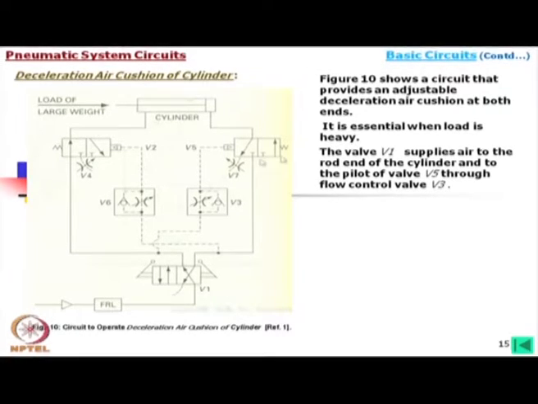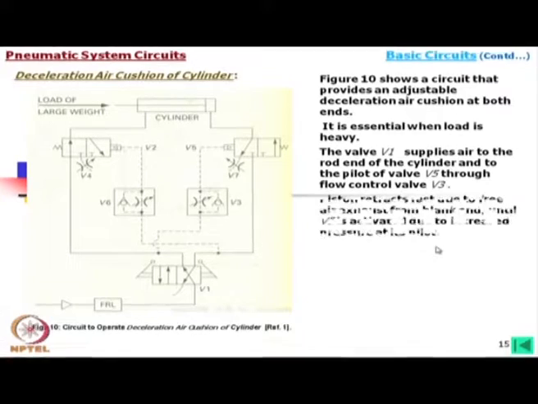So, the valve V1 supplies air to the rod end side, as well as to the pilot side of this valve. The piston retracts fast due to free air exhaust from this end until V5 is activated due to increased pressure at its pilot.